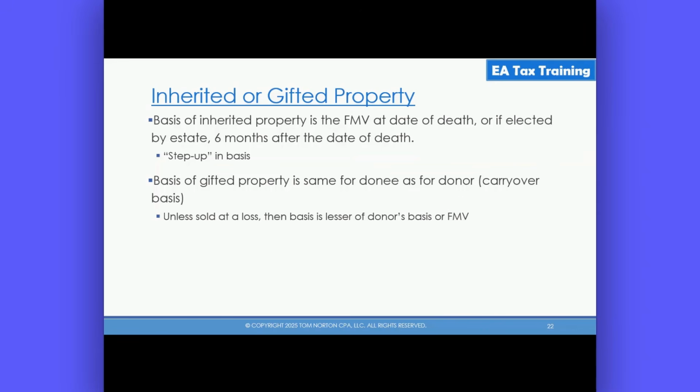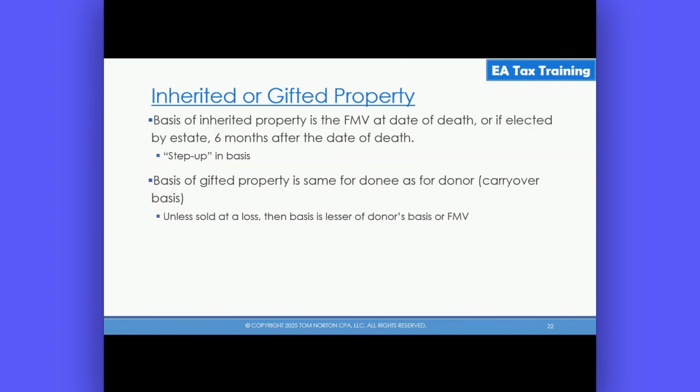Now, there is one exception for a gift, and that is if that asset is sold at a loss, then the basis is the lesser of the donor's basis or the fair market value. So if the fair market value is actually lower than the basis, then you don't get carryover basis. You have to use the fair market value.